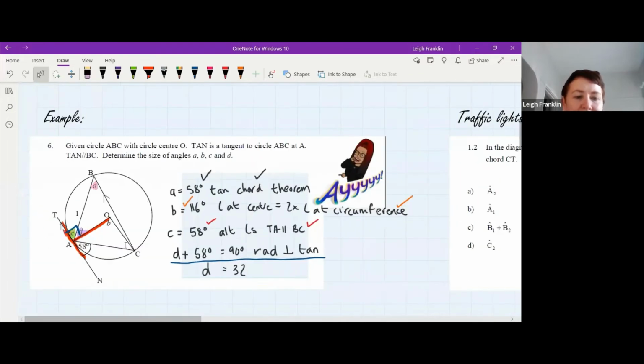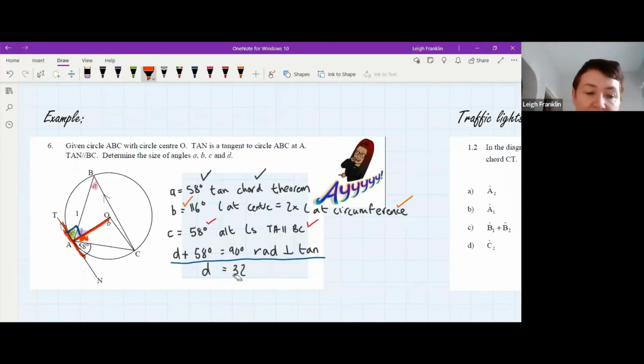So what I'm trying to get at is your answer will be correct for this particular problem, but you are making an assumption, and the assumption is that this angle over here is exactly the same size as D, which it will be for this particular question.